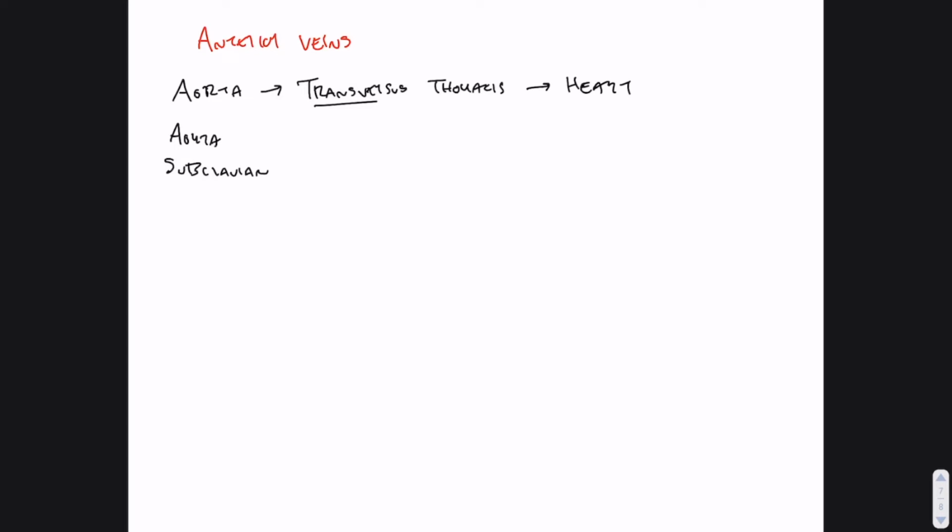So aorta, subclavian artery, internal thoracic artery, and then we're going to shoot off the anterior intercostal artery, and then we're going to be at that muscle.